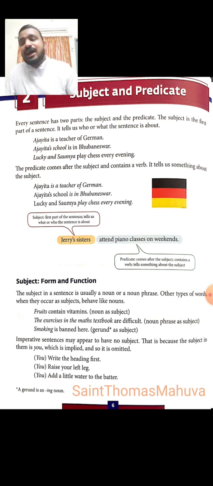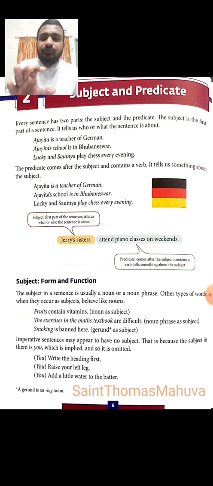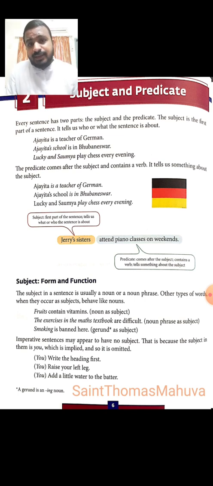Sometimes other types of words like gerund can appear as a subject, but that too will behave like a noun in a sentence. Look at the examples being given there.